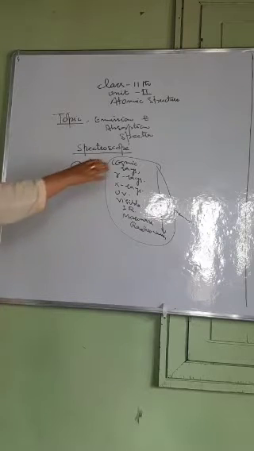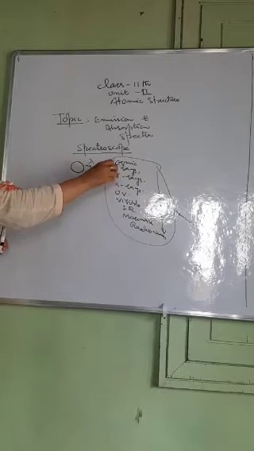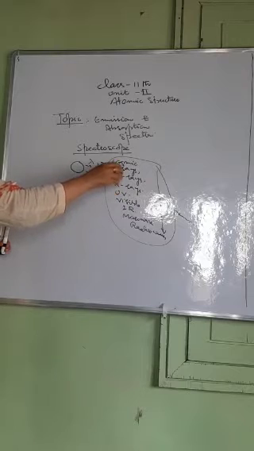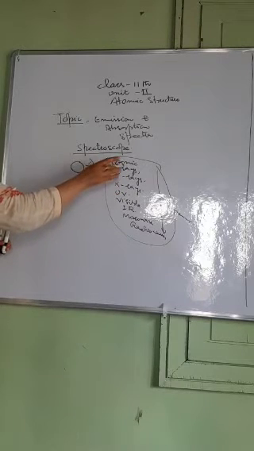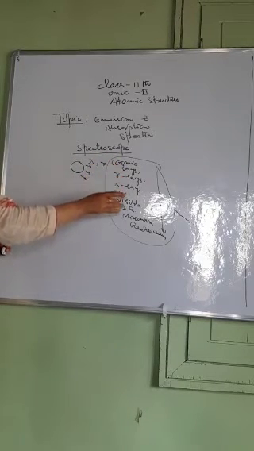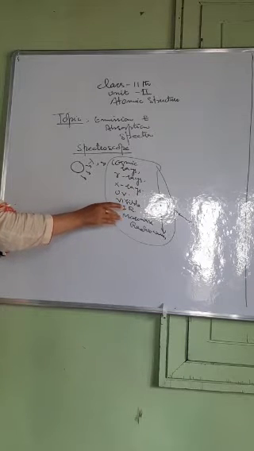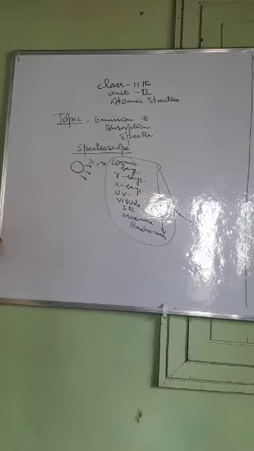Now if these rays have different wavelengths and different frequencies, and we want to separate these radiations, we need an instrument, and that instrument is called a spectroscope.